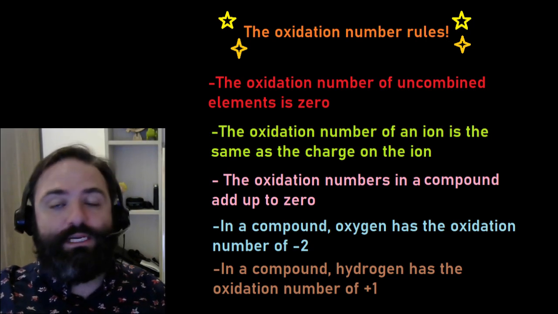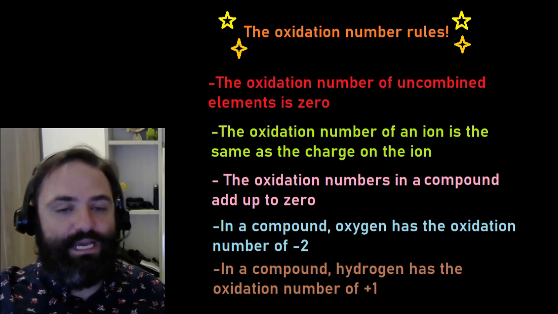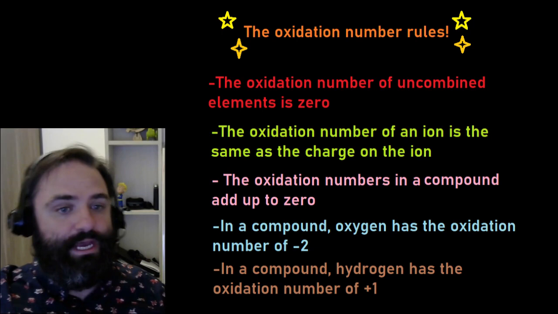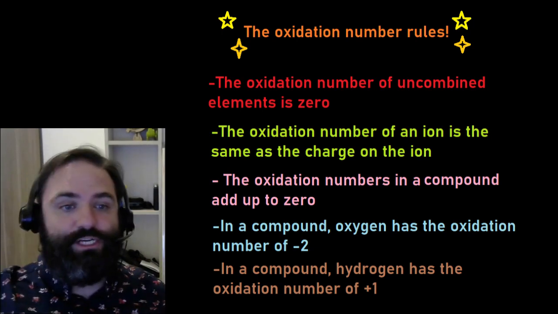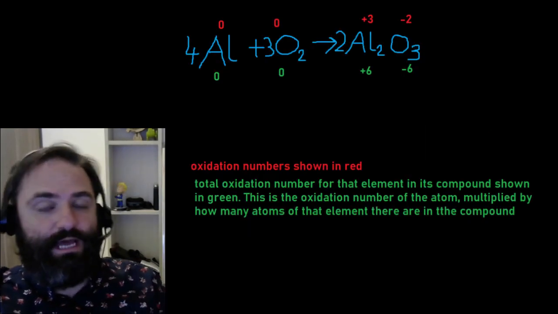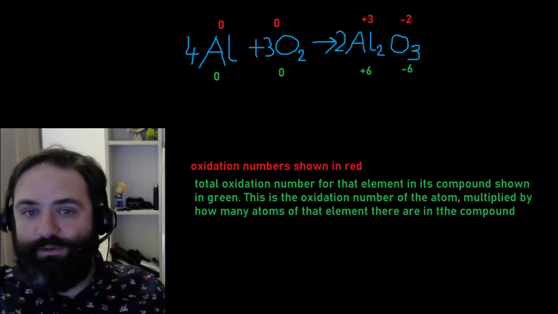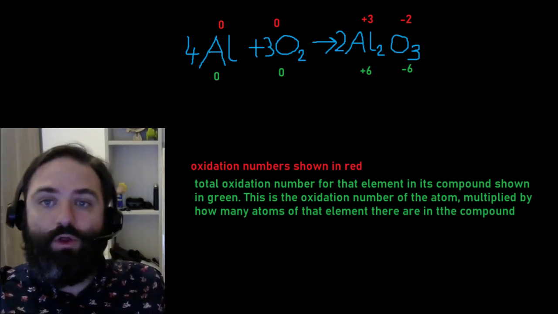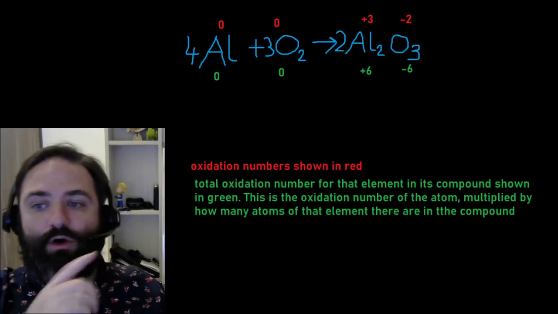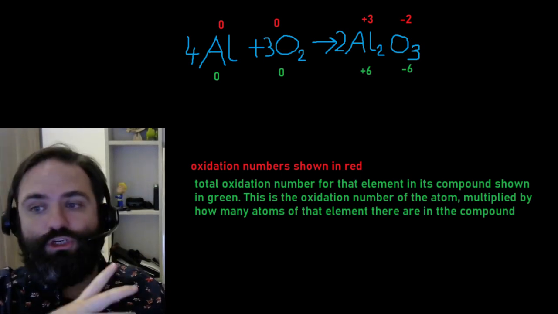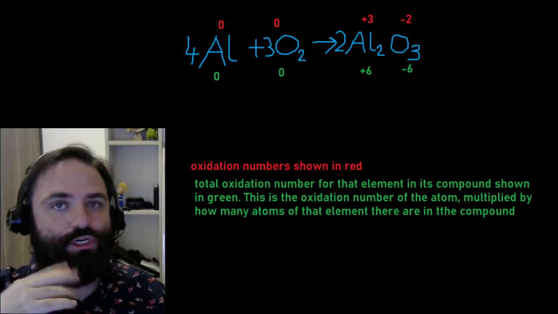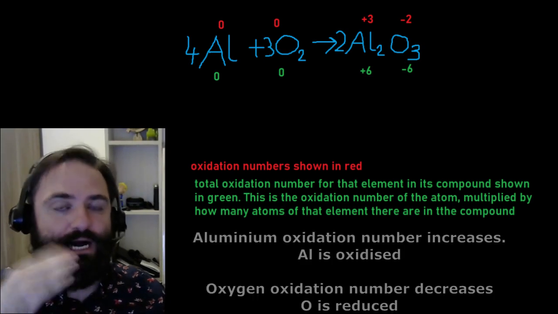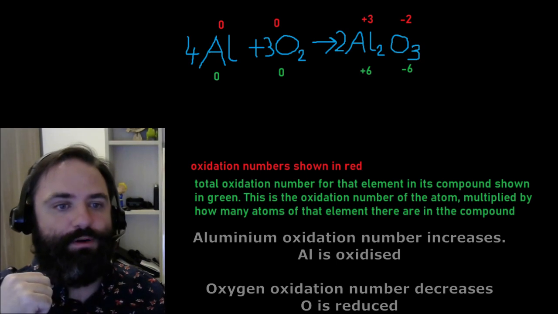So using that, we can assign oxidation numbers and we can see if they increase or decrease. In this example, we'll go through each atom and assign its oxidation number. The aluminium and the oxygen on the left are both elements, so their oxidation number is 0. On the right, the aluminium is an ion with a 3+ charge, so it has an oxidation number of +3, because remember, one of the rules is the ion charge is the same as the oxidation number.